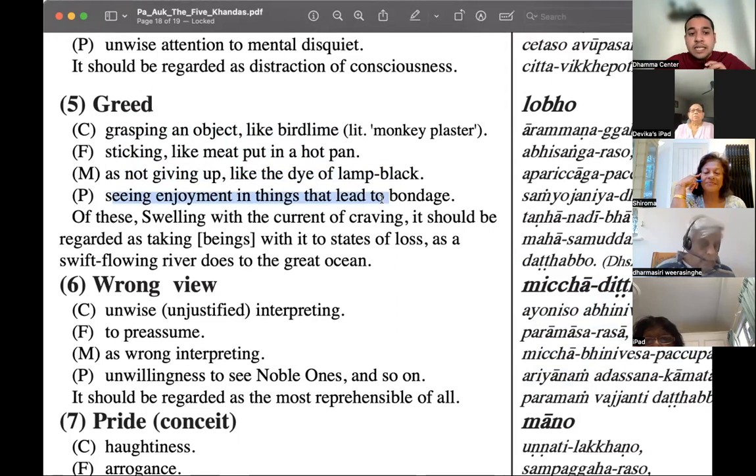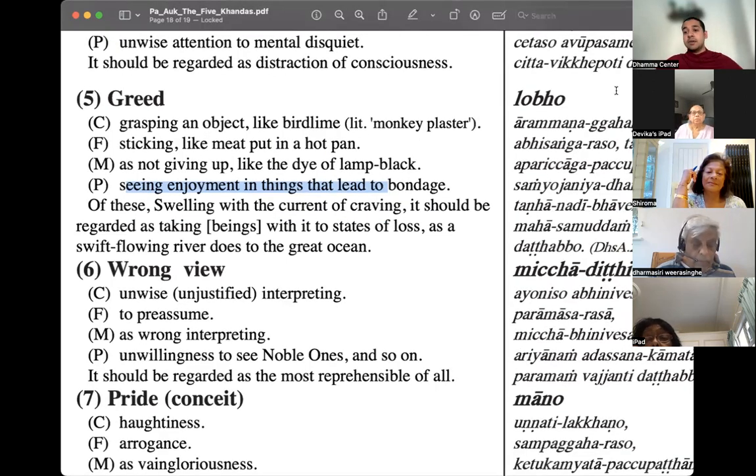Swelling in the current of craving, it should be regarded as taking beings with it to states of loss, as a swift flowing river does to a great ocean. So because of that avidya, we cling and crave.